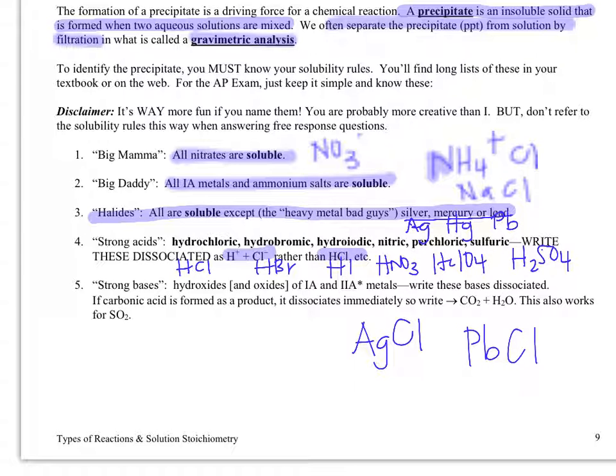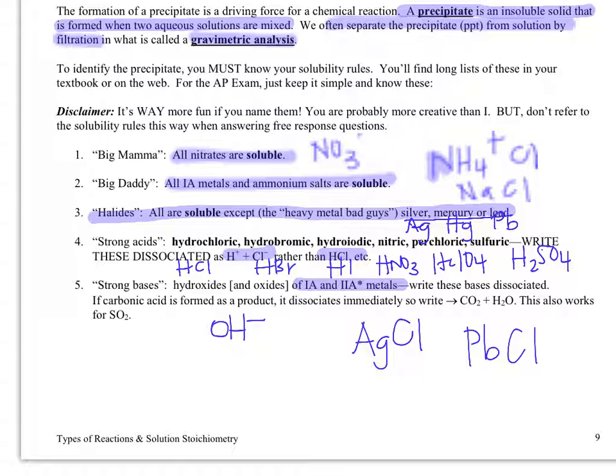And last are your strong bases. Your strong bases are any hydroxide. Hydroxide is OH. Any hydroxide that's bonded with a group 1 or group 2 metal is considered strong. When we say a strong base, it means it dissociates readily.